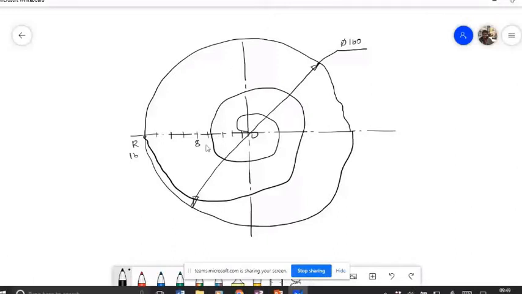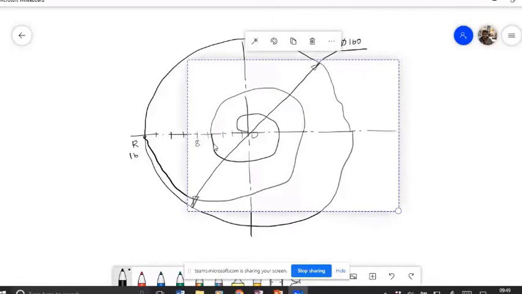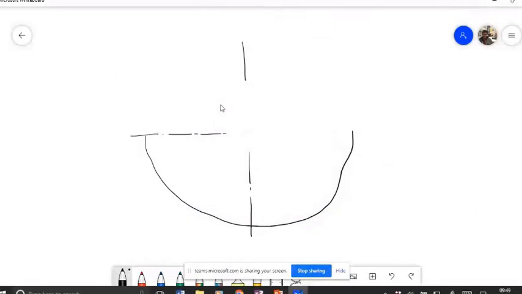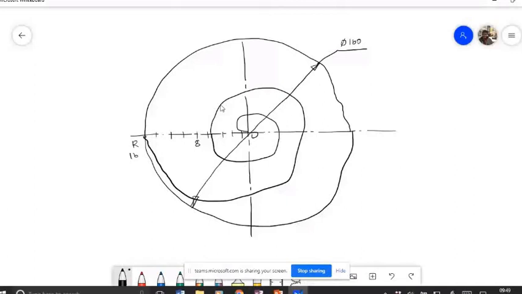The 8th point completes one revolution. From the 8th point to the 16th division, it will complete the second revolution. So that's how the two revolutions of the spiral need to be done.